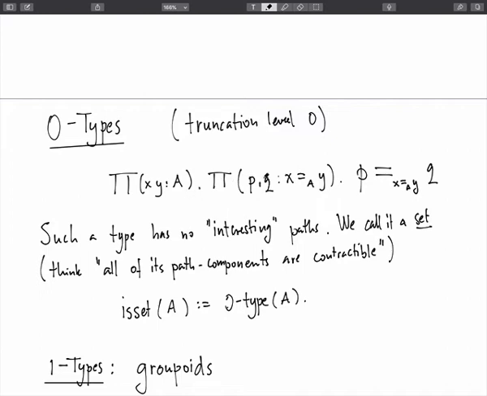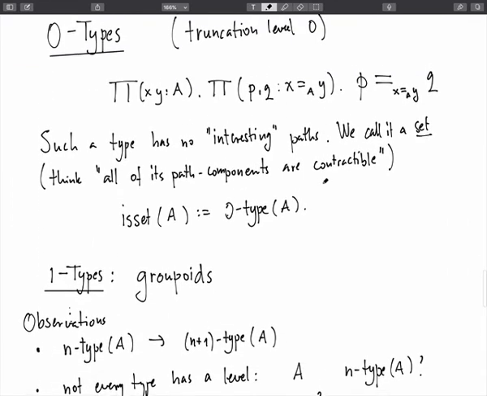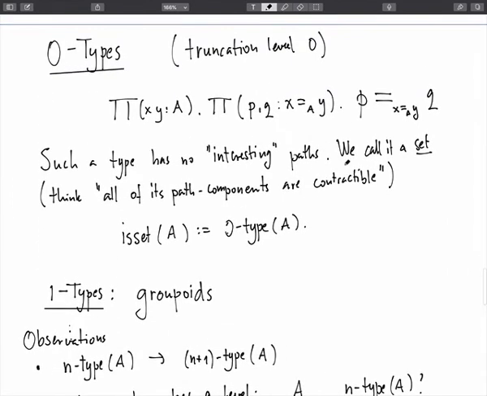If I have two parallel paths, they are equal. Paths are proofs of identity, so if there is one from X to Y, it's unique because all of the others are equal to it. That's UIP. When people say UIP, they mean the statement that everything is a set.